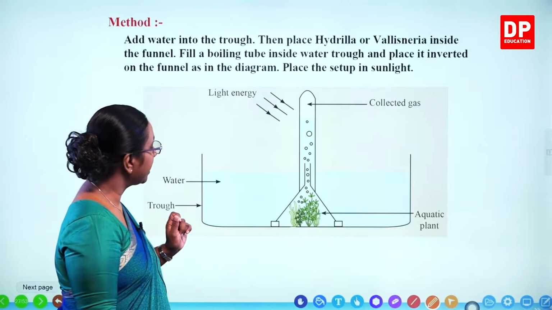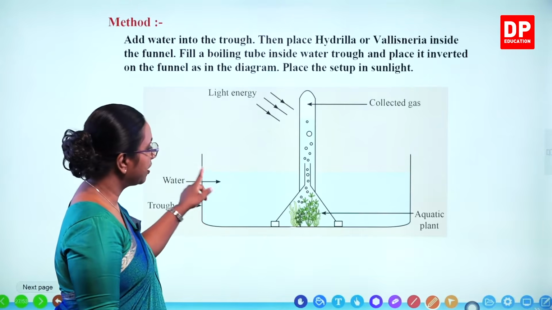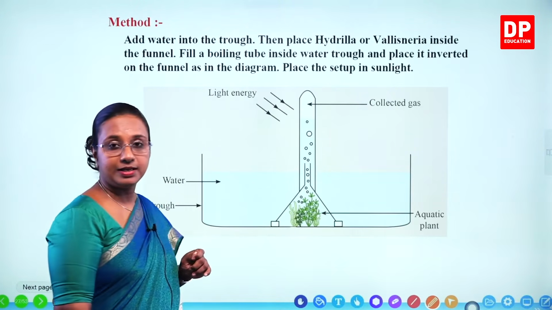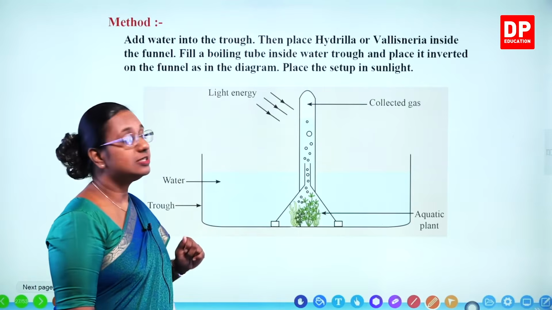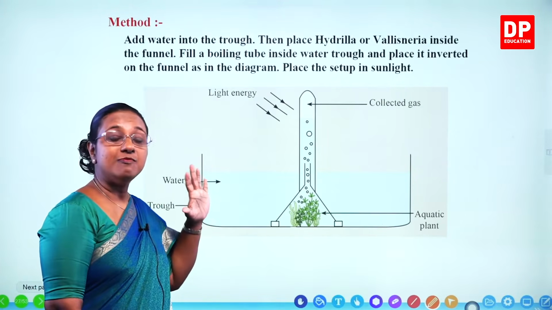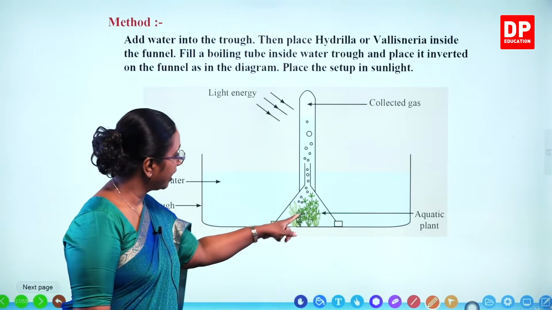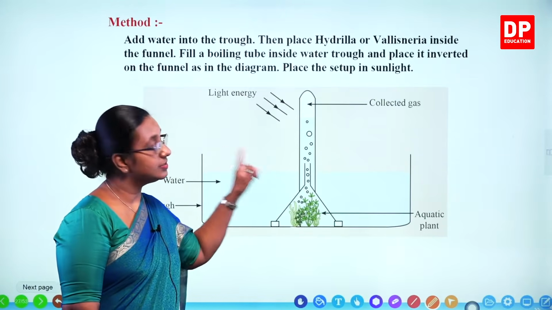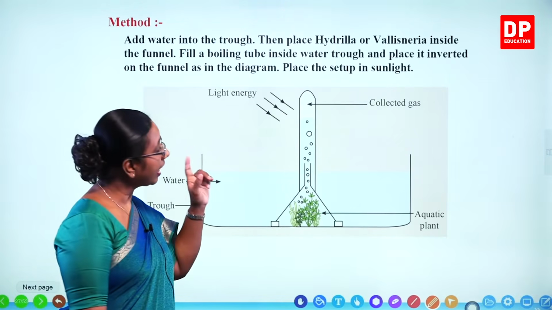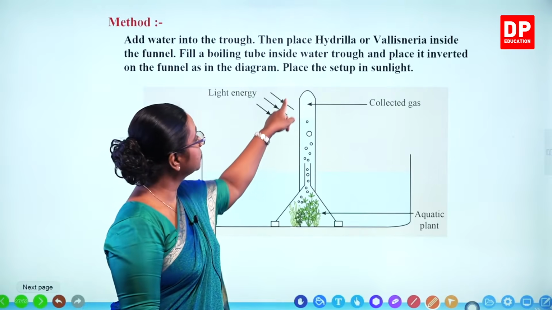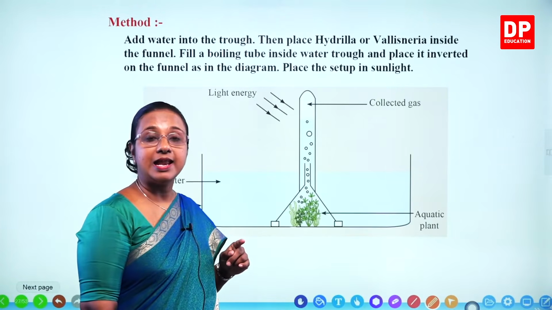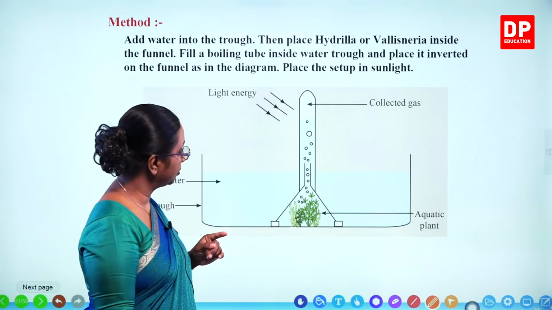So in this diagram, you can see the trough, water, the aquatic plant and the light energy falling on it. And when that happens, you can see the gas bubbles coming up, and also the gas will get collected at the top of the test tube.